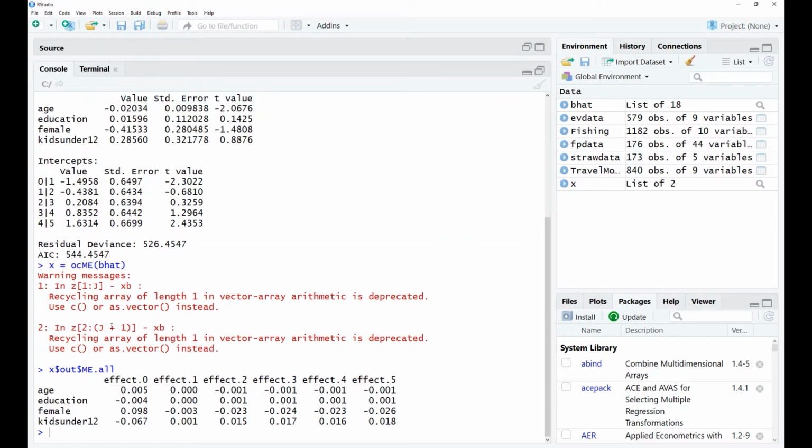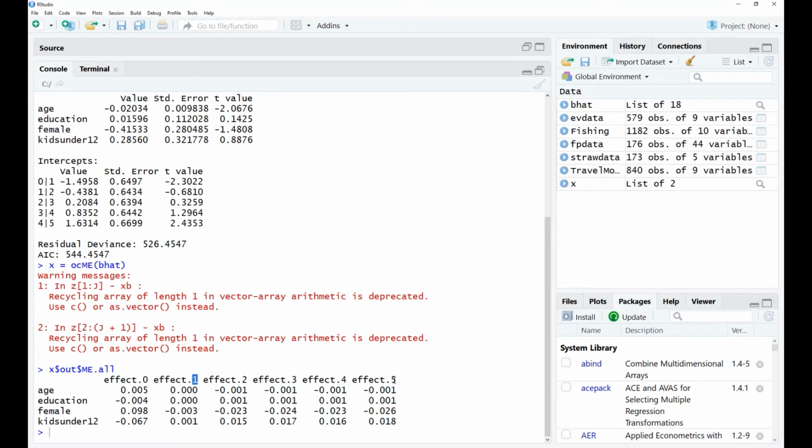Now, remember that age was associated with a negative coefficient. What this means is that if age increases, the probability of being in one of the high categories, or one of the high purchase frequency categories, decreases. If you're looking here at the marginal effects, the 0, 1, 2, 3, 4, and 5 refer to the purchase frequency. So here we have the category never, rarely, once or twice a week, and so on.